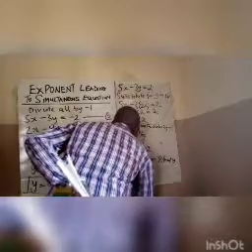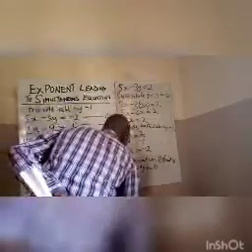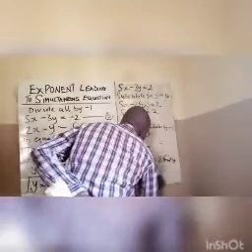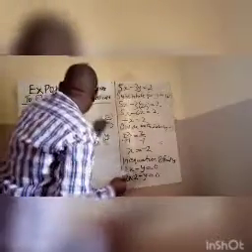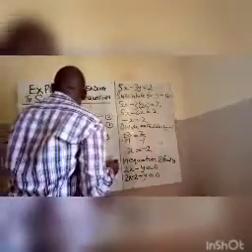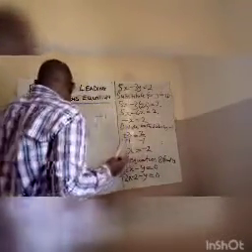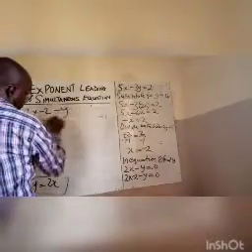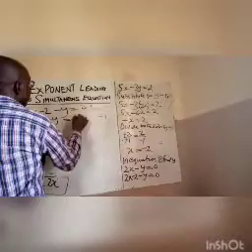Equation 1 says 2s minus y equals 0. S is minus 2, so 2 times minus 2 minus y equals 0. 2 times minus 2 is minus 4. So minus 4 minus y equals 0.